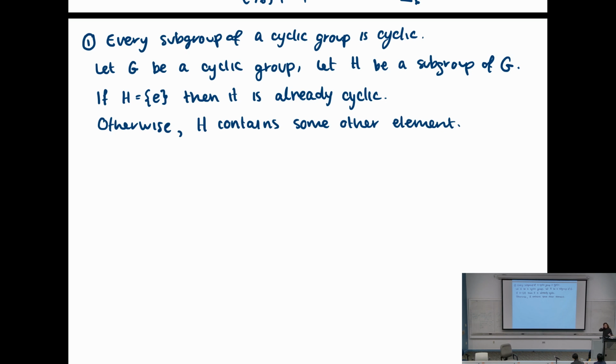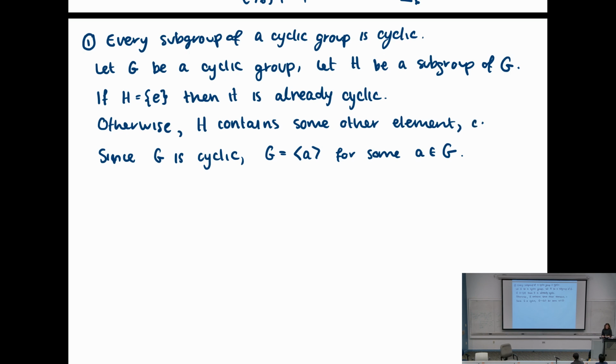Okay, so since G is cyclic, we have that G is equal to the group generated by A for some A in G. So that means that H contains some non-identity element, and that element is of the form a to the t for some t.